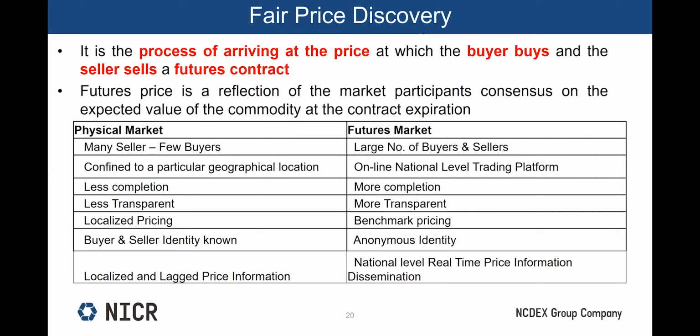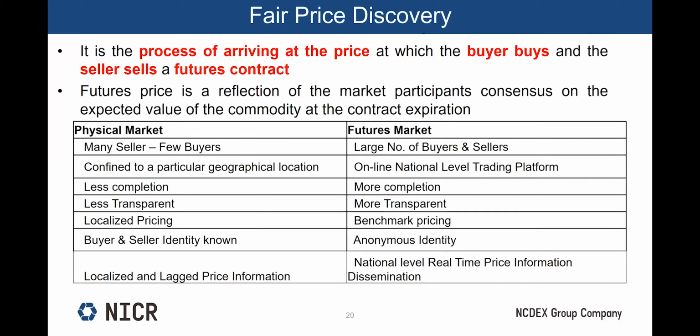The prices mostly reflect local demand and supply, and most of the time not the national demand and supply. The buyers and sellers know each other, which sometimes is good, but sometimes it also has an impact, because the terms of the trade can be negotiated very easily in one's favor if he has monetary or financial power.